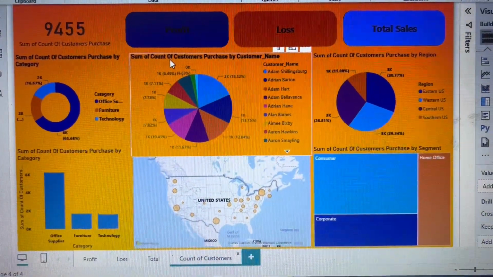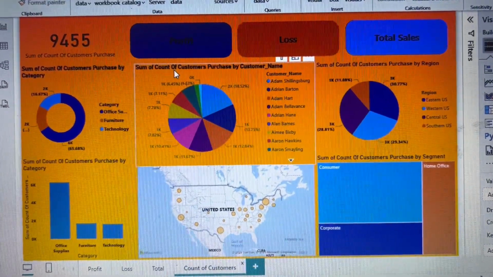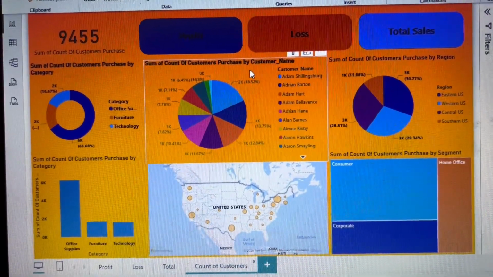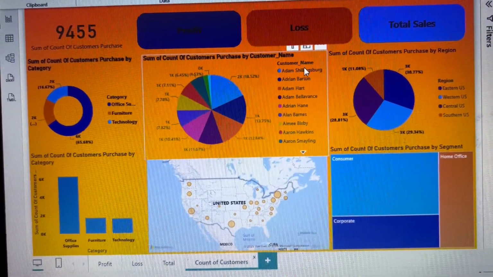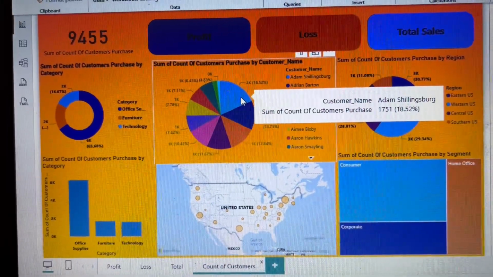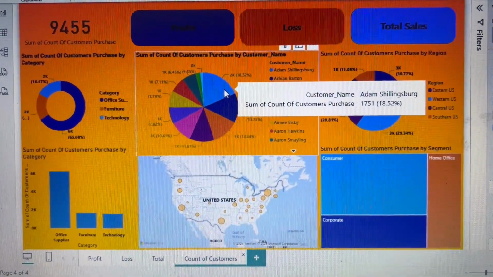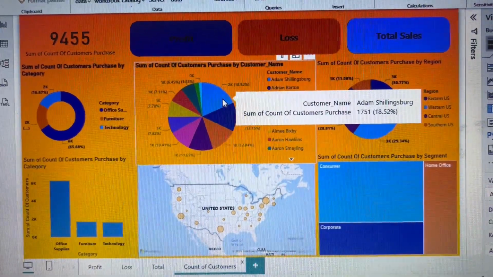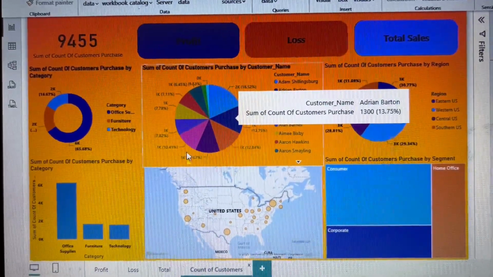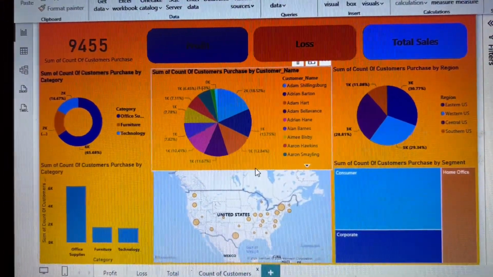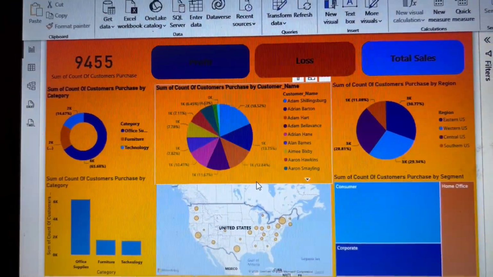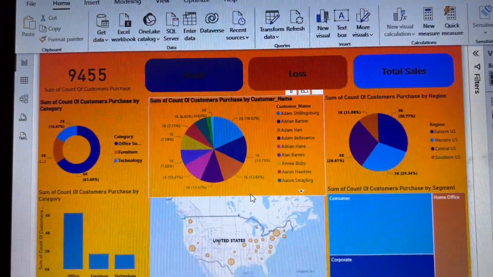Because I had to add a new chart exactly for the count of customers, which is the sum of count of customers by each customer name. So for example, this guy has purchased the most things with the percent 18.52%, and he purchased 1,751 things, like this, because sometimes we have to change the design for new charts that need a reason, that are important for this thing.